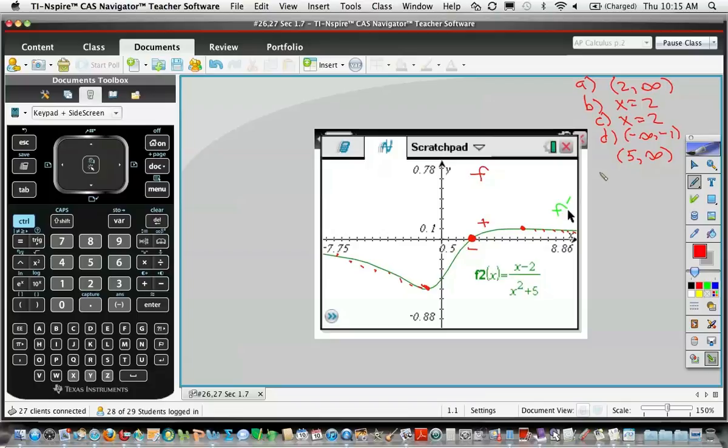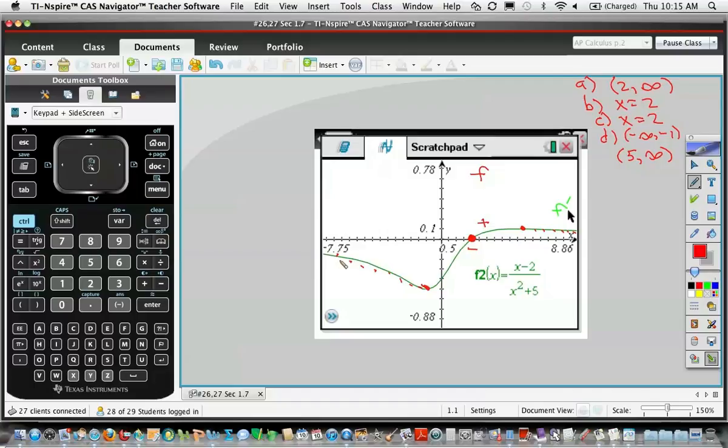All right? And then E says to sketch the graph of f. So in red, let's sketch the graph of f. Since this is the f prime graph, I'm looking at the green graph there, and I'm saying, okay, it's negative, and it's decreasing. I don't care now that it's concave up or concave down, because I'm looking at the f prime row.